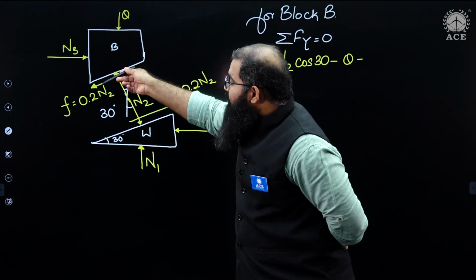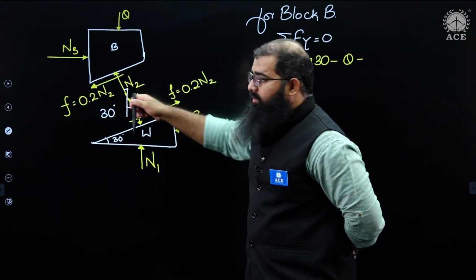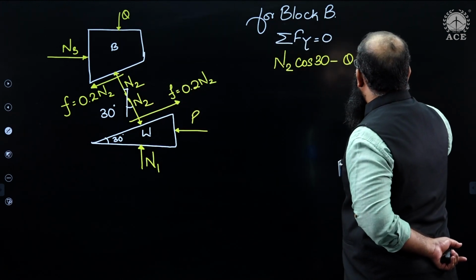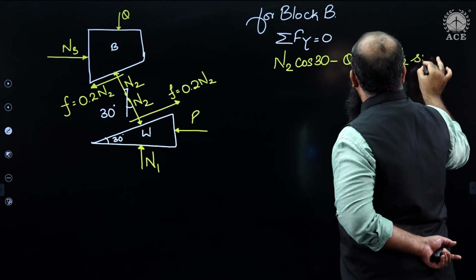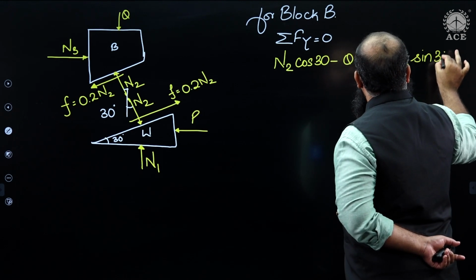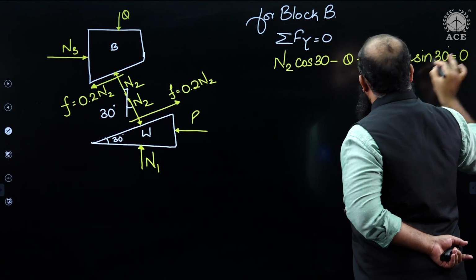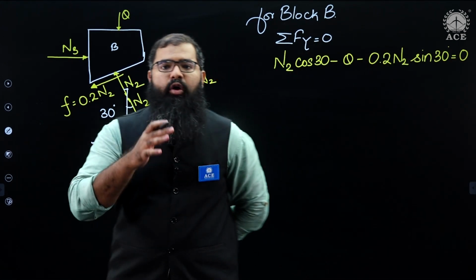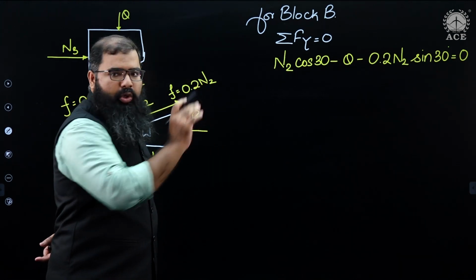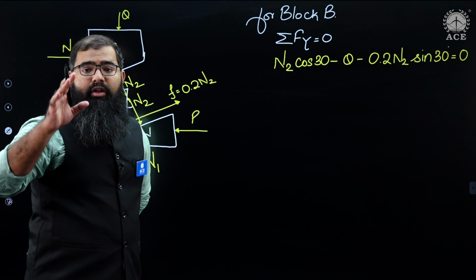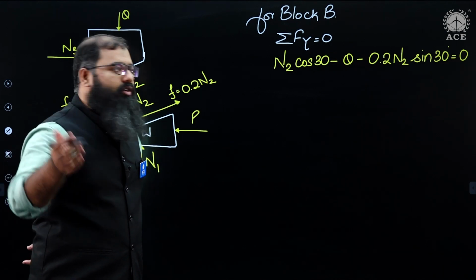That component is going to be F sine 30. So I have 0.2 into N2 into sine 30, and this is supposed to be equal to 0. Now what have I got from here? I have got an equation in terms of N2 and Q alone. So I will obtain the value of N2 in terms of Q.